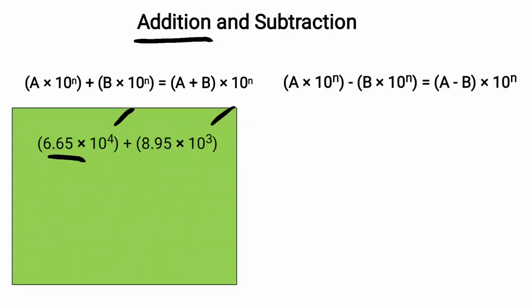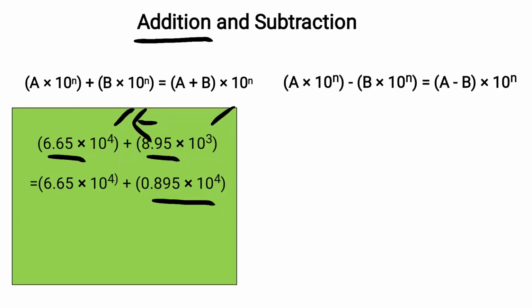Therefore, we rewrite 8.95 into 10 raised to the power 3 as 0.895 into 10 raised to the power 4, which means that in case of 8.95, the decimal point has shifted towards the left. Therefore, we are getting 0.895 into 10 raised to the power 4.